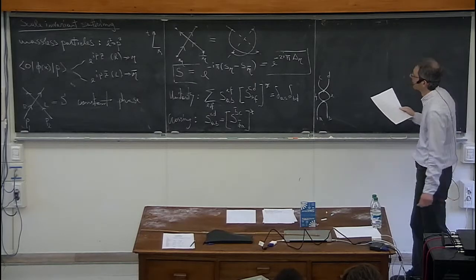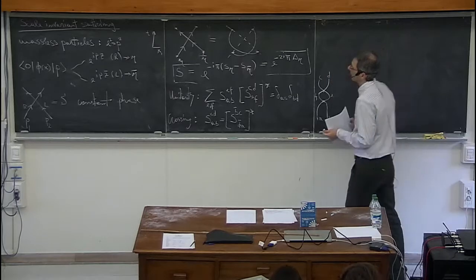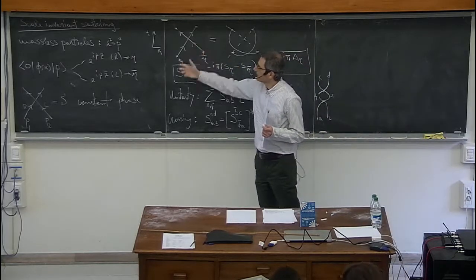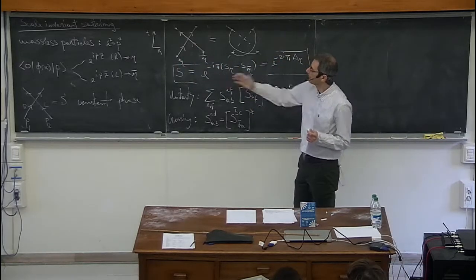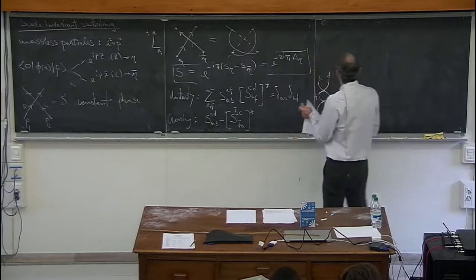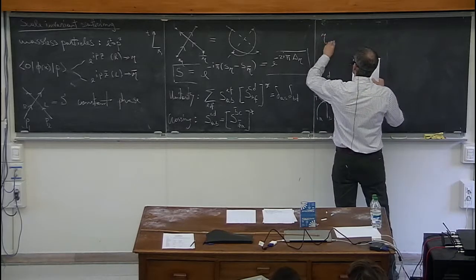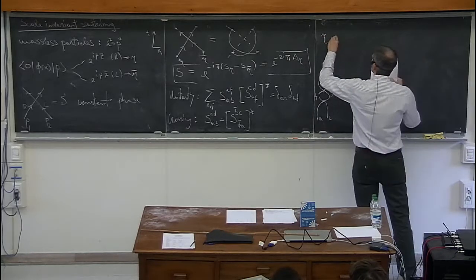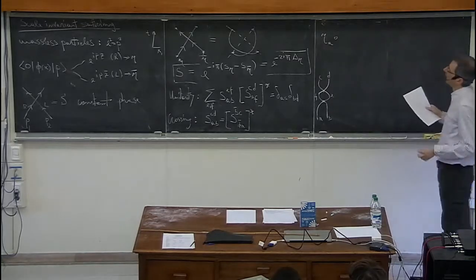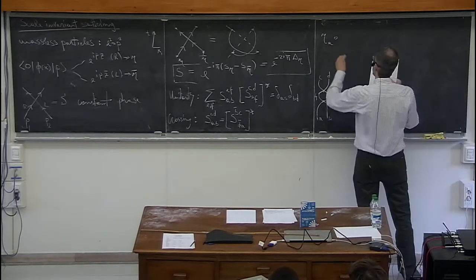And I will also use this notation to encode the notion of this scattering between a right mover and left mover. Since they are associated to eta and eta bar, I will use this notation here. So I have some eta, this time with an index denoting the species in general.